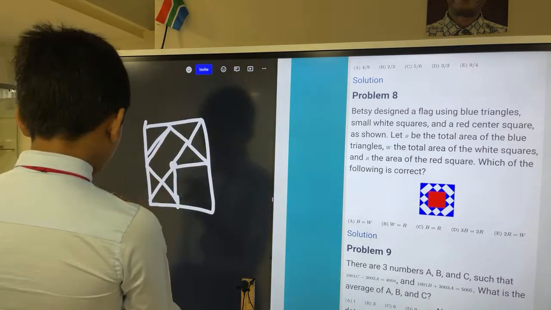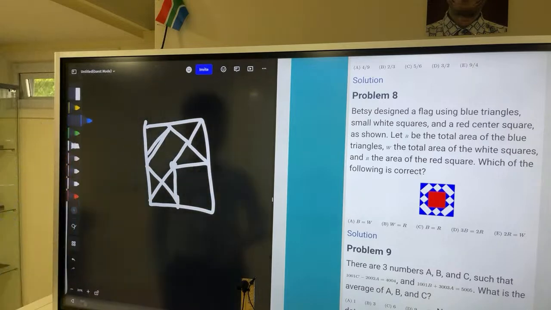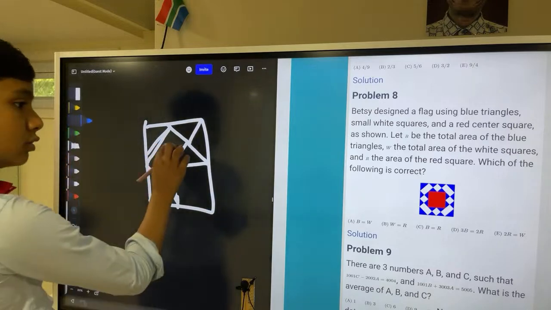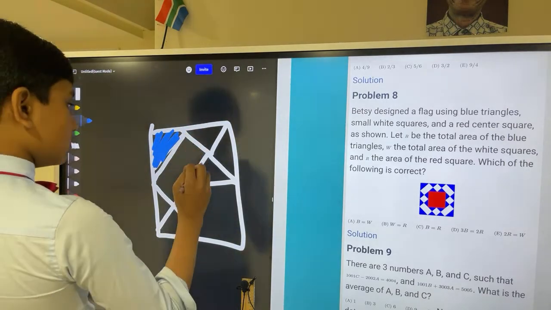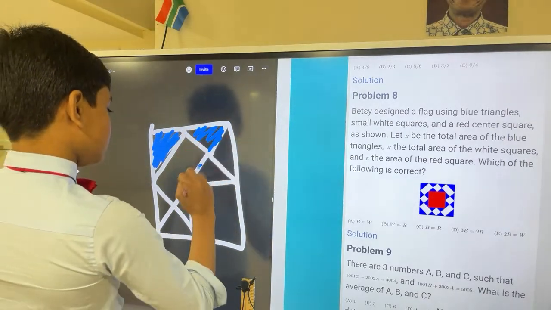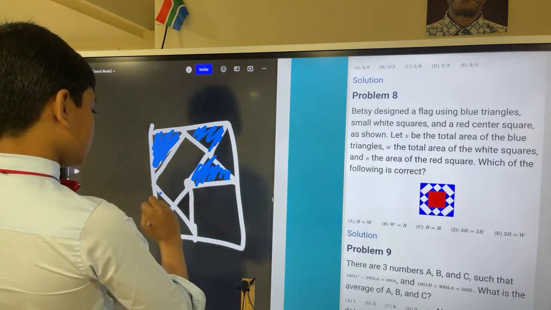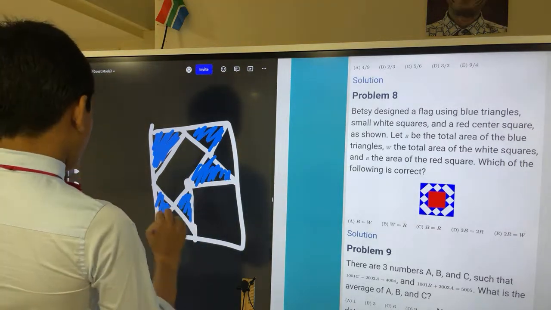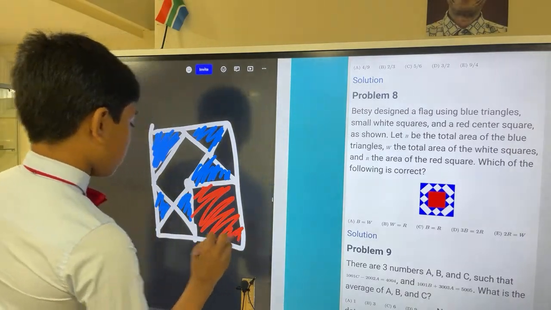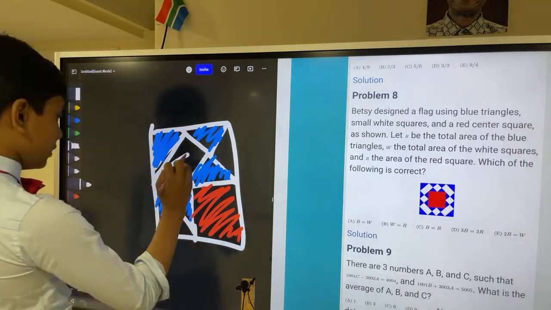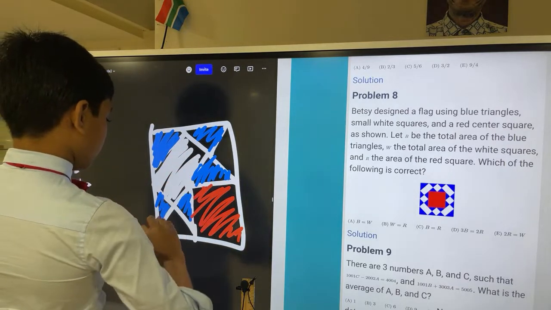Okay, so we have this, then we have a giant this in the corner, and then over here we have this. Okay, so now let's slather the blue area in. You guessed it, blue. And then the red area in, well, red, and then the white area in, well, white.